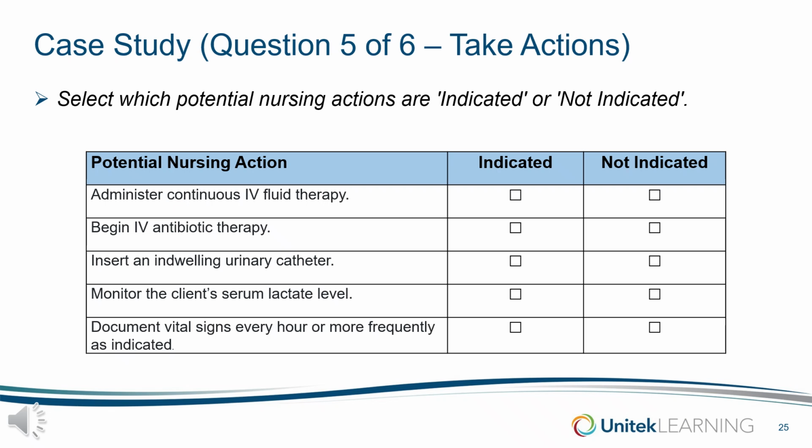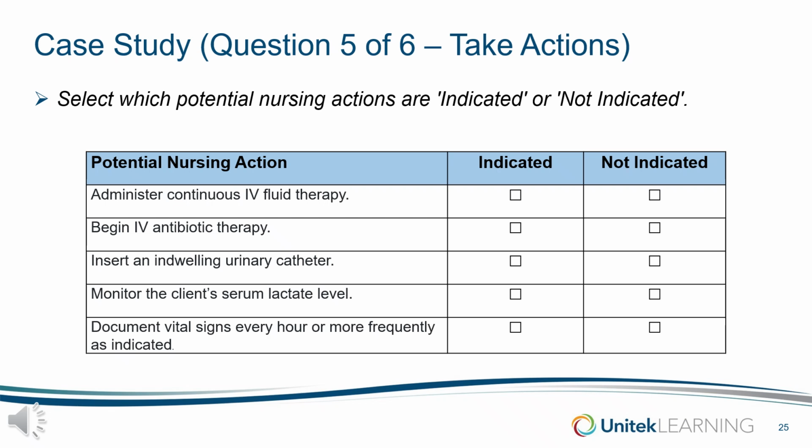The clinical judgment question type of take actions can often require the tester to reflect on the specific nursing actions that will be put in place or implemented for the patient care. When considering the chart style type of question that is shared here, it can be helpful to take into account each option one at a time.